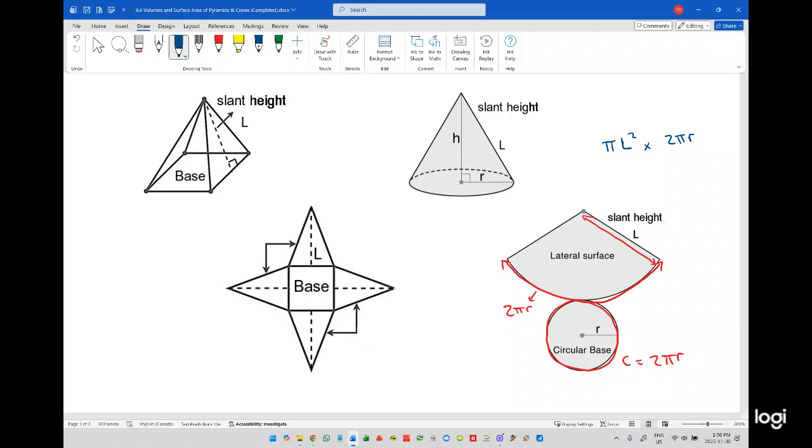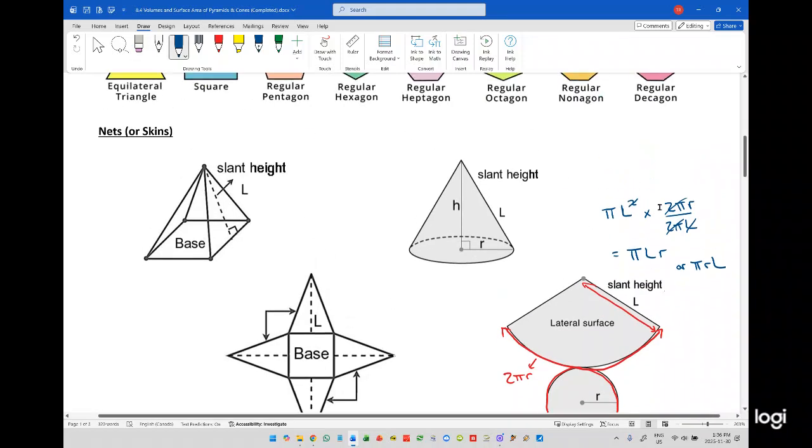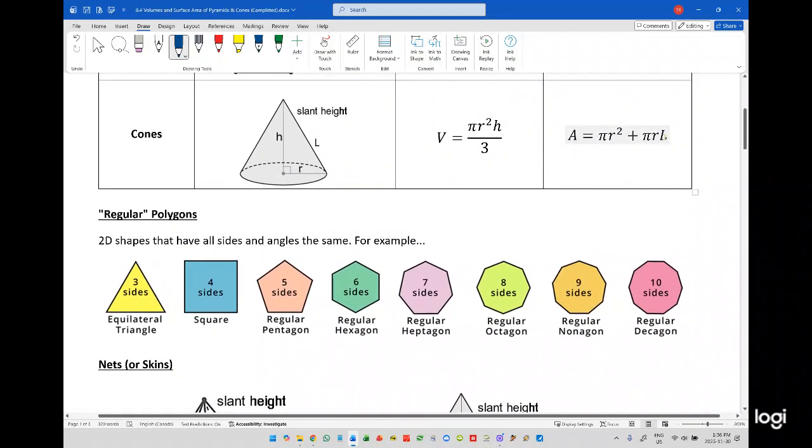And I know that the entire circumference of the big circle is 2 pi times its radius, which is L. So what I can do there is cancel out the 2 pi's, and I can cancel out the L on the bottom with one of the L's on the top. And what I'm left with is pi times L times r, or pi rL. And that's where the pi rL in that equation comes from.